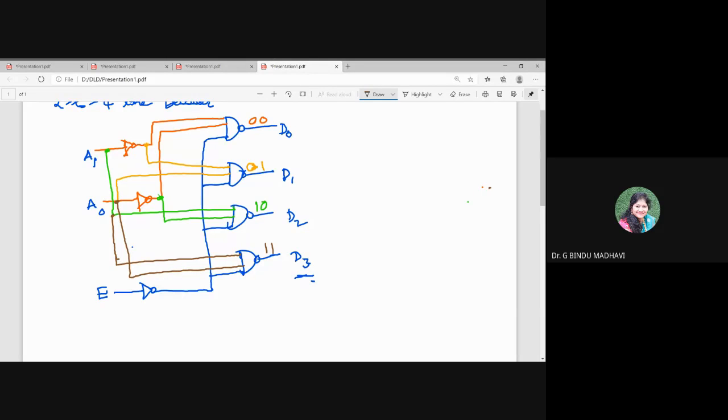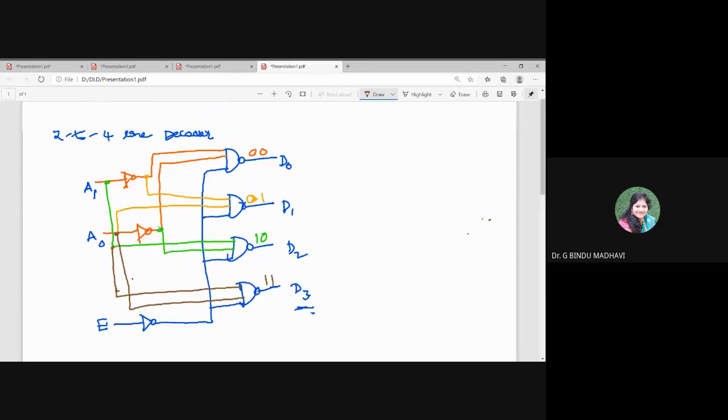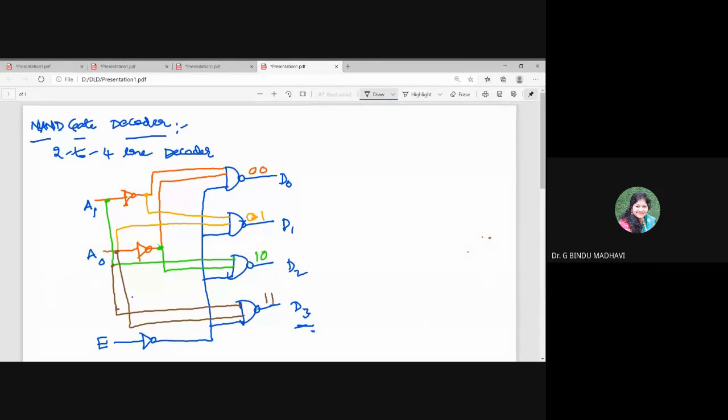So this is the circuit, the 2 by 4 decoder with the help of NAND gates. Now we will write the truth table.